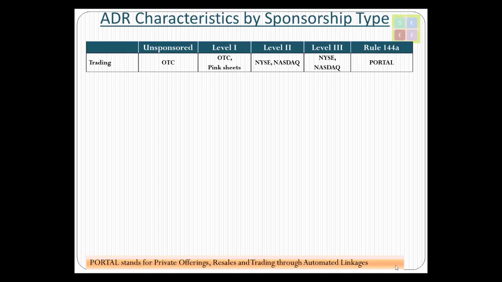Level 2 ADRs are traded on the New York Stock Exchange or NASDAQ, and same applies to level 3 ADRs. Whereas under the SEC Rule 144A, the trading occurs on a platform known as Portal, which stands for Private Offerings, Resales, and Trading through Automated Linkages.